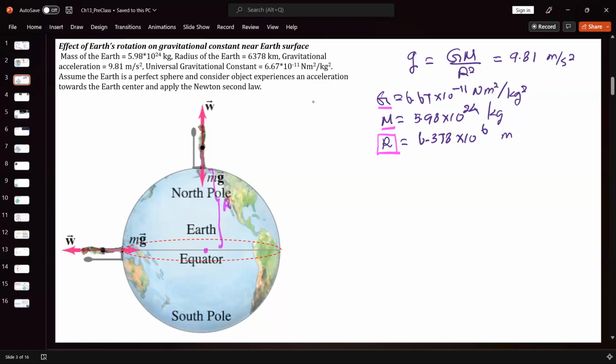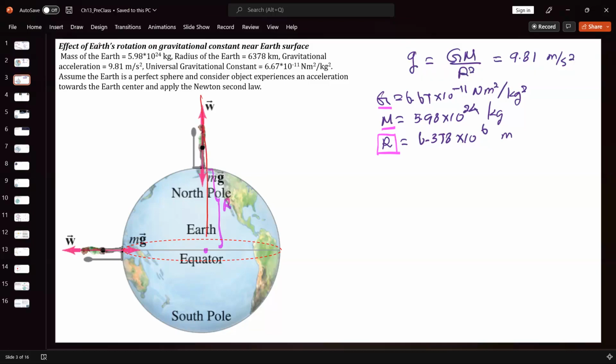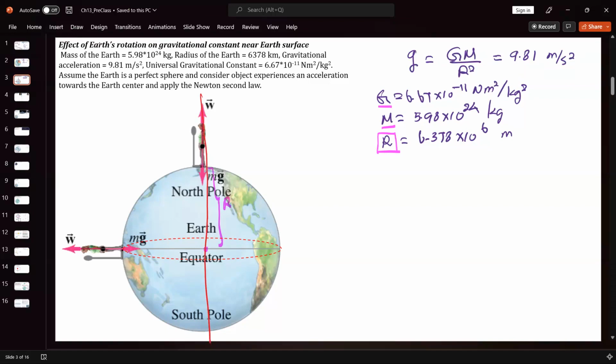Not only does it change because of height difference, it can also change because of the Earth's rotation. Now, the Earth rotates around its axis, right? Let's consider this line right here is the Earth's axis, and the Earth is rotating around it. If I have the mass right here, small m, that mass is spinning around that axis, but it is not separated from the axis.